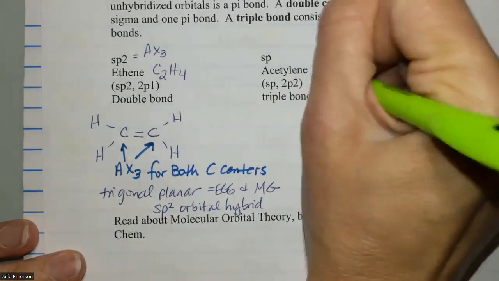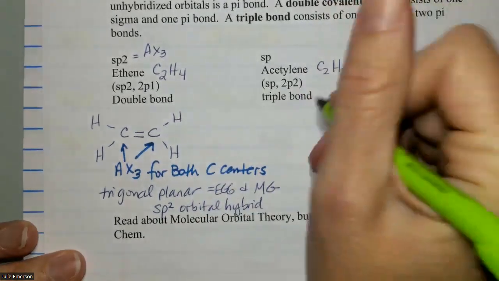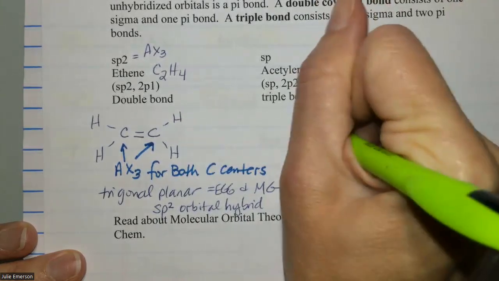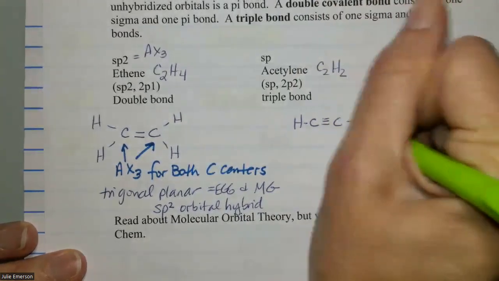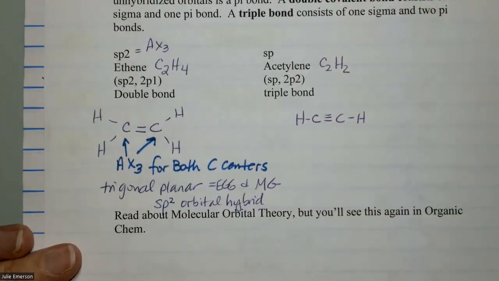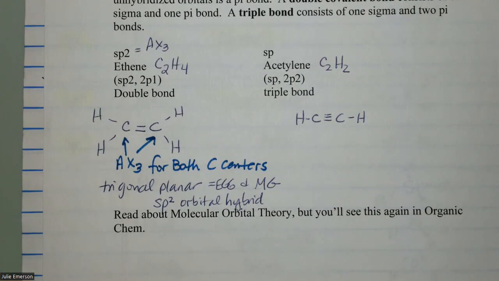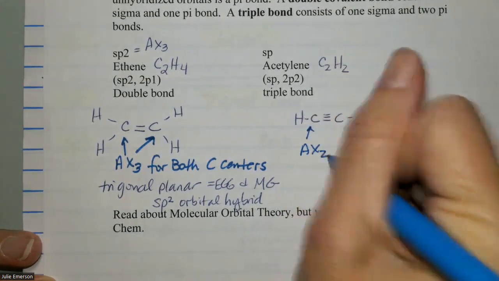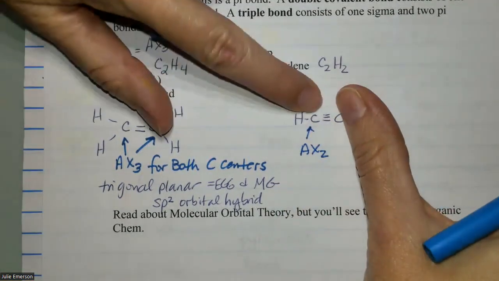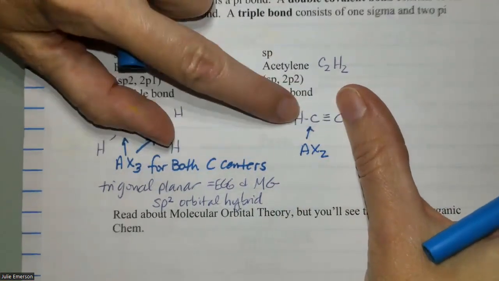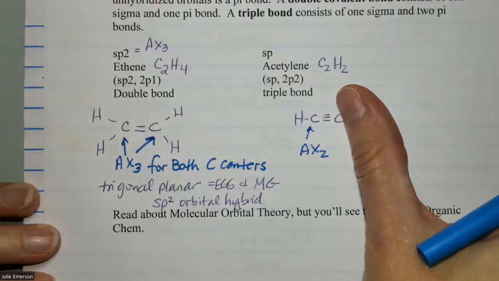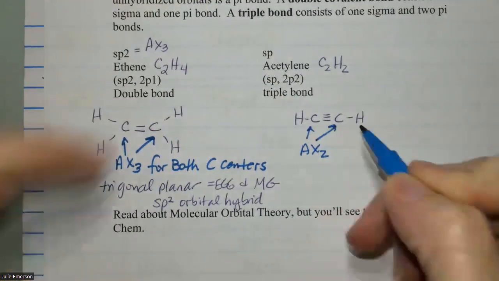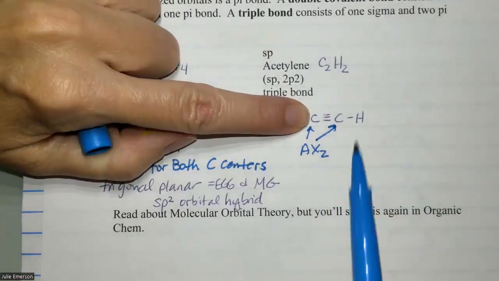Acetylene is C2H2. And so now what happens is you have the carbon triple bonded to the other carbon. So again, it's a 2 carbon center. So if I look at the carbon on the left, it is AX2. There's my carbon center, 2 bonding sites, so X2. When I look at the other carbon, symmetrical, looks exactly the same.